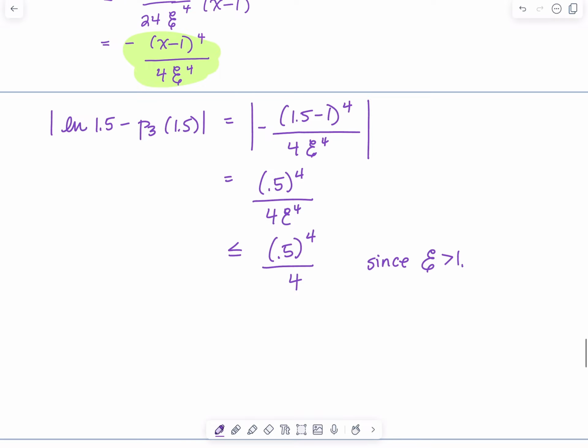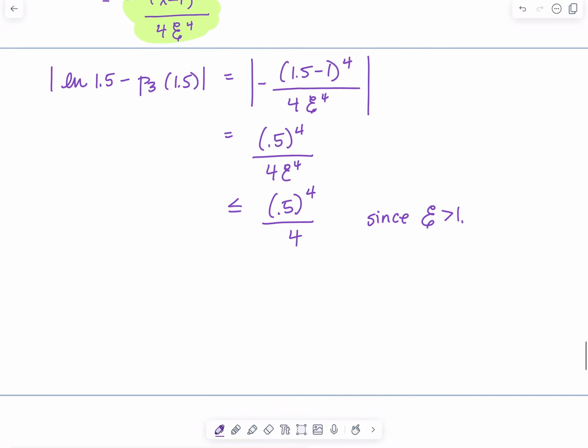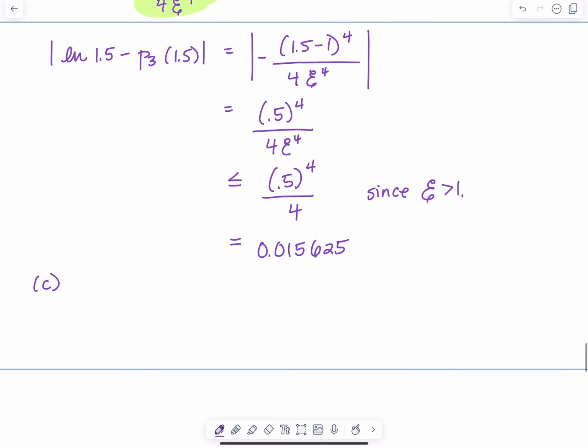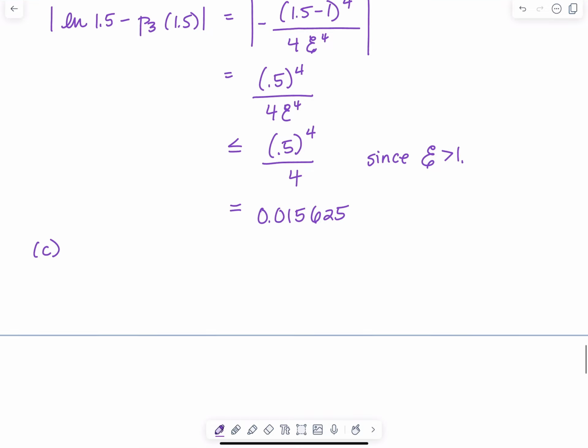And so now with that, we know that this is equal to, put that in your calculator, 0.015625. Okay, in part C, what we're going to do is compare our estimate with the actual error.